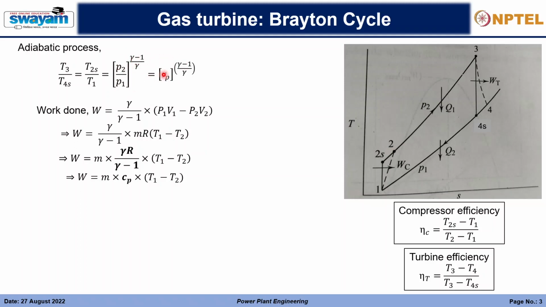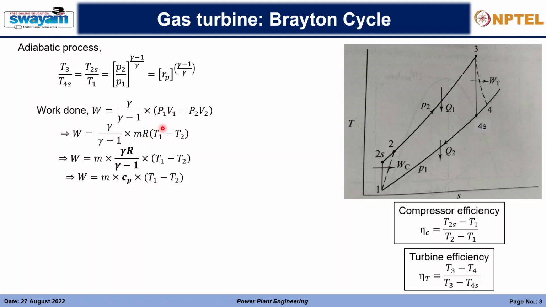So this is Rp, the pressure ratio, the highest pressure by the lowest pressure. Then the work done is basically external work. It is given by this equation, and you might have read about this in thermodynamics courses.